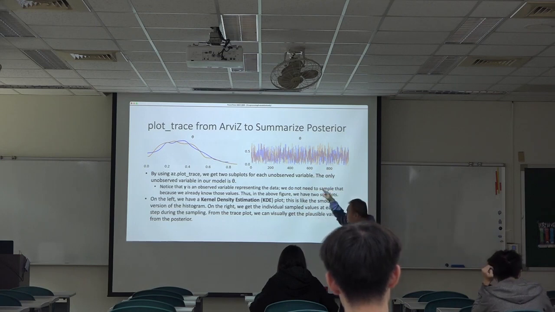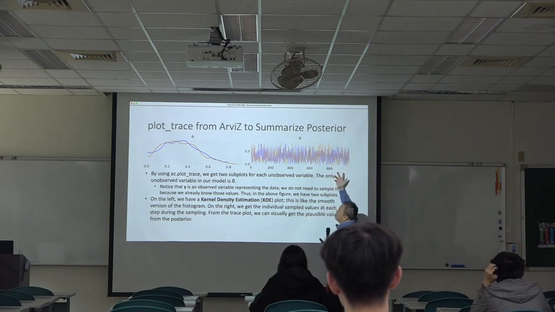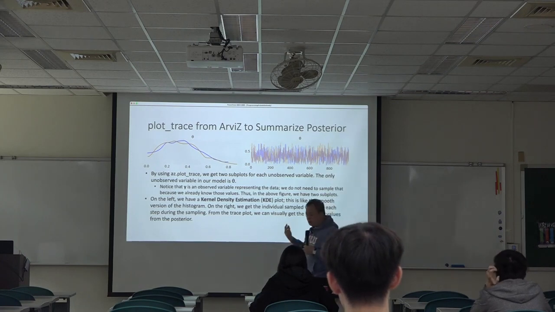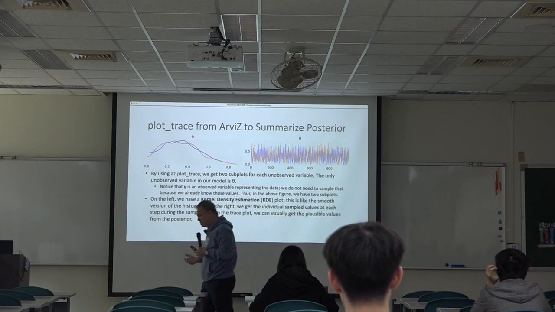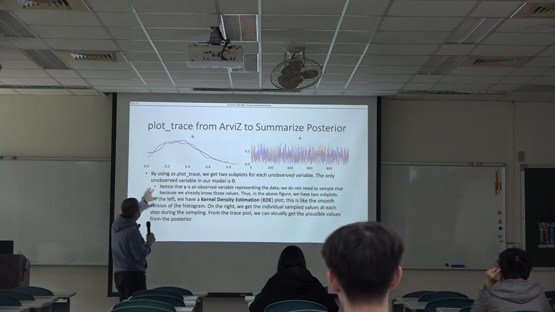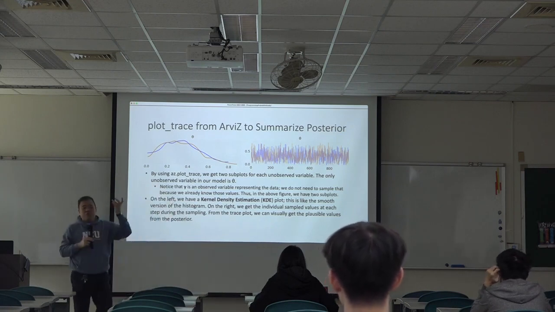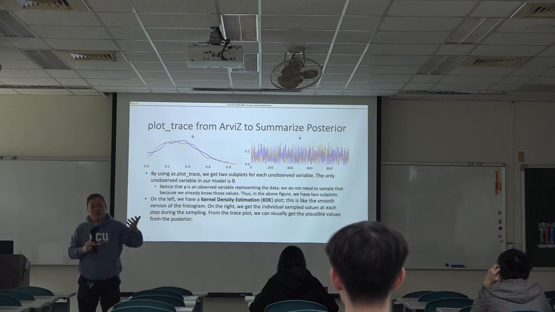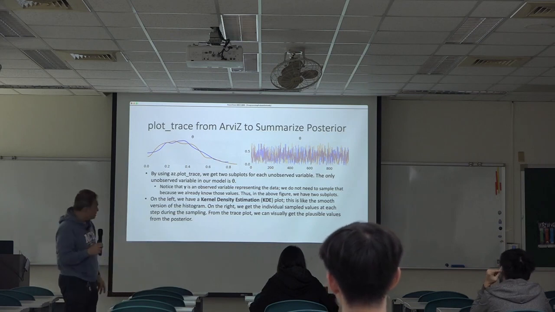You can see the theta value jumps around, which is reasonable. I cannot explain too much of this until a later time, after I explain the concept of MCMC. But at least you can understand the left-hand side. That's pretty much the posterior distribution that we obtained from these two chains.